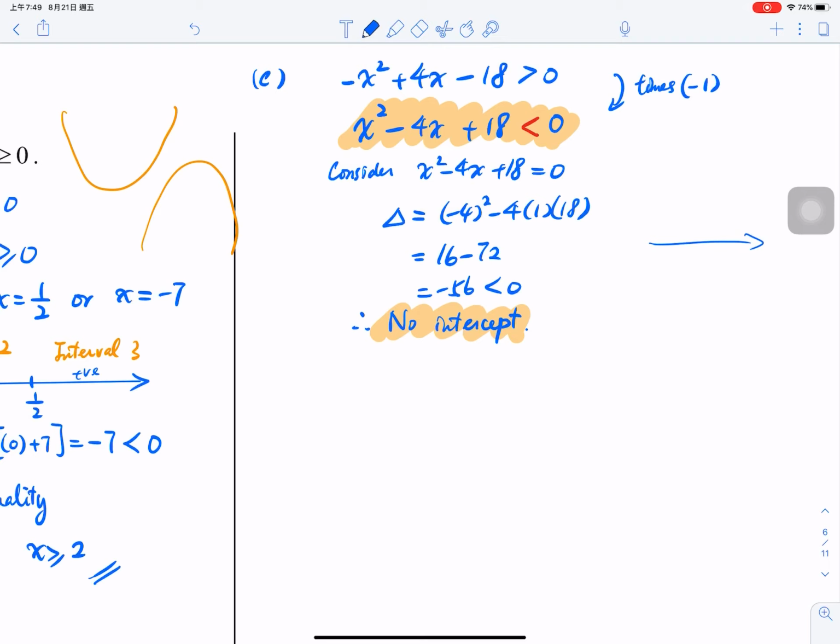Opens upward and no intercept. Is it like this? Right. Therefore, can this one be smaller than 0? No. So the answer: the inequality has no real solution.